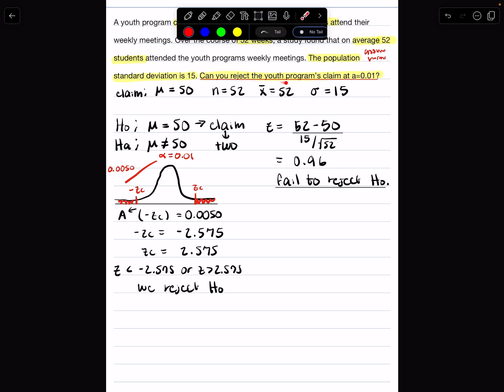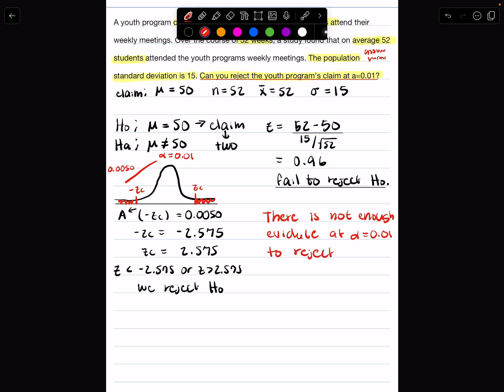What do we care about? We care about the question. The question says, can you reject the youth program's claim at alpha equals 0.01? So can we reject our null hypothesis? Well, what did we just say? We failed to reject it. So our conclusion will be there is not enough evidence at alpha equals 0.01 to reject.